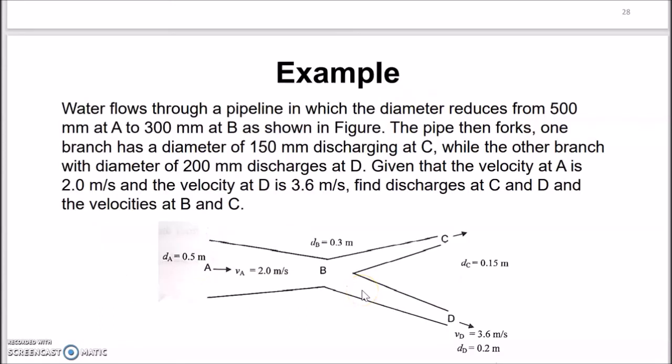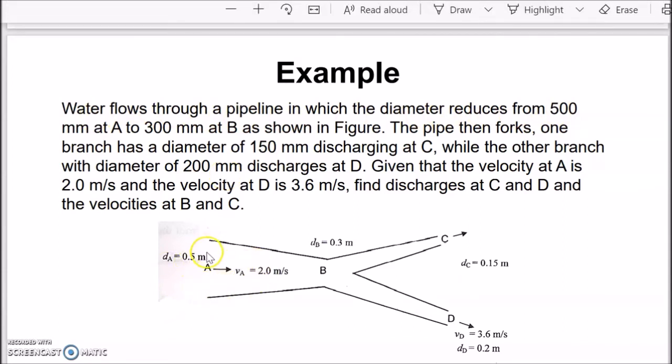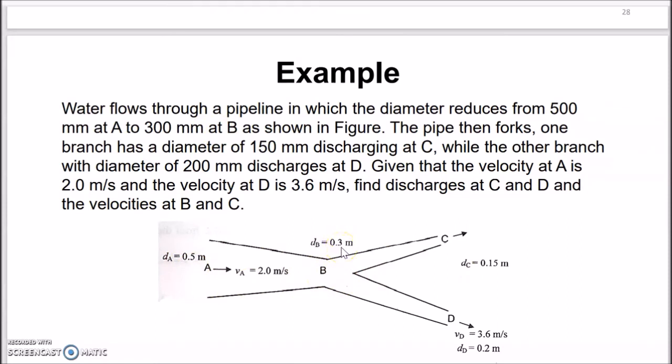So let's look at the second example. Water flows through a pipeline in which the diameter reduces from 500 mm at A to 300 mm at B. So the pipe then forks.